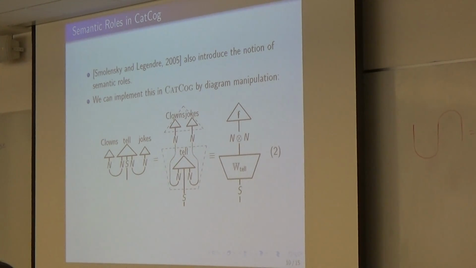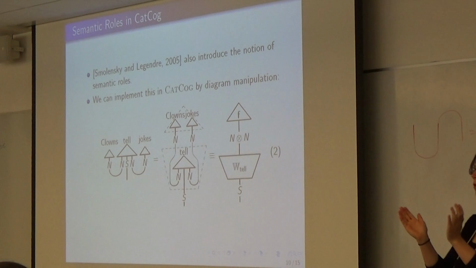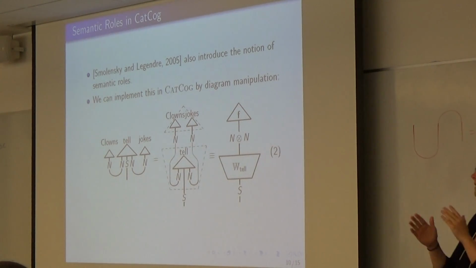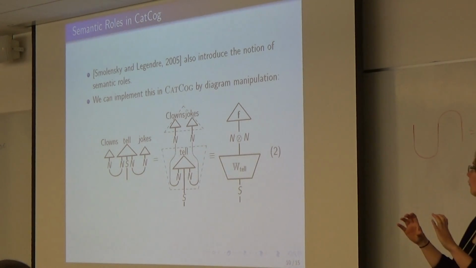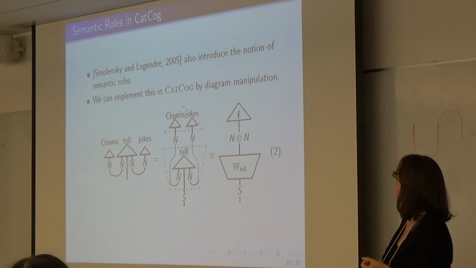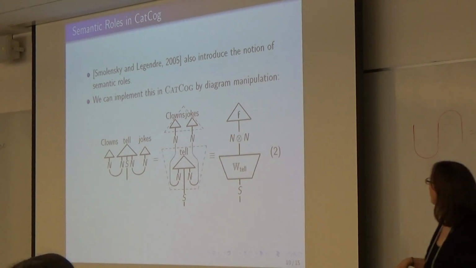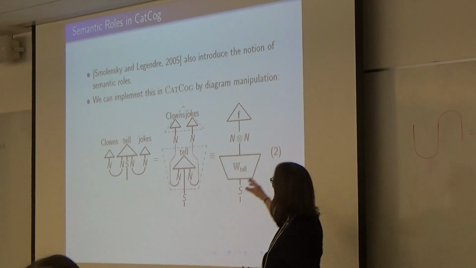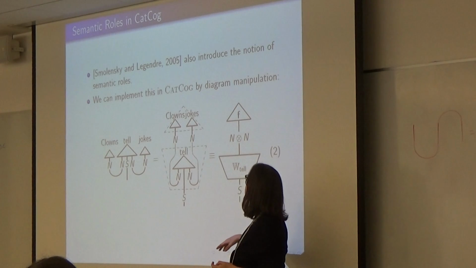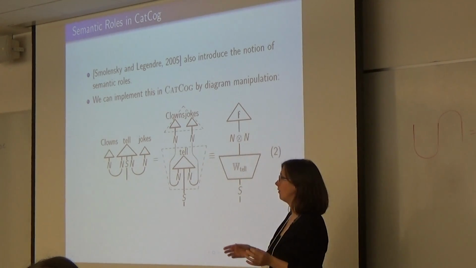Just a couple more things. Smolensky and Legendre have the idea of semantic roles. So instead of roles simply being places in a tree, you can also have roles carrying some semantic content as well. We can take account of this in quite a simple way just by redrawing the diagrams, which we're allowed to do.